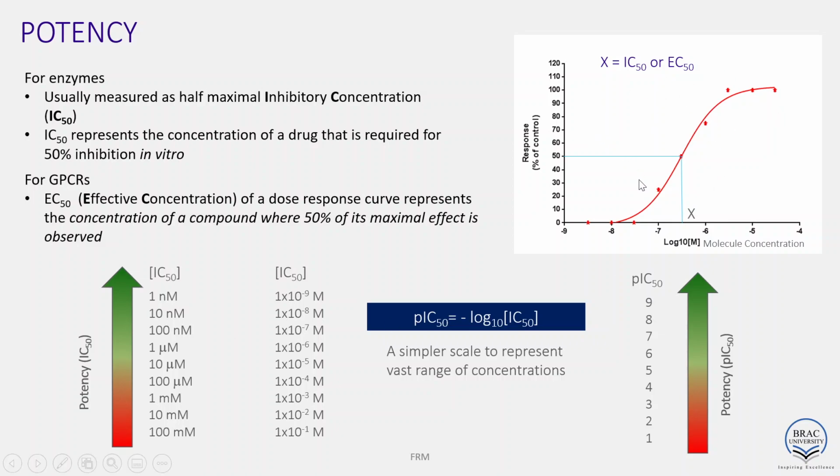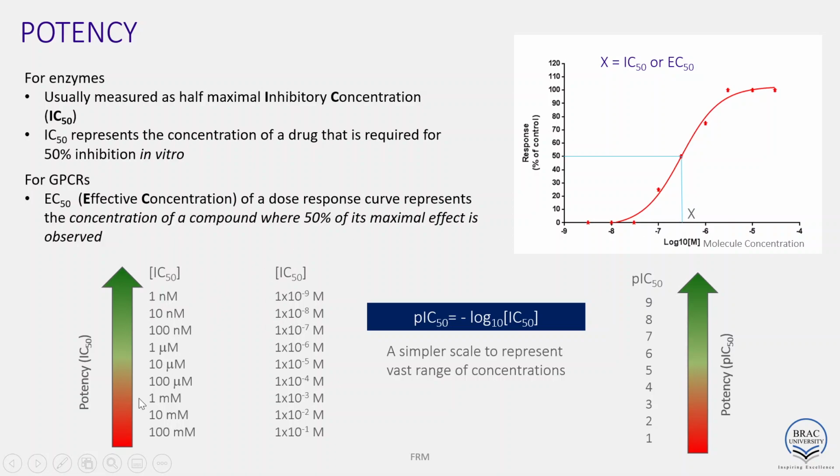Here is the dose response curve. The concentration at 50% activity is the IC50 value, or the potency, you can say. So here is the scale.